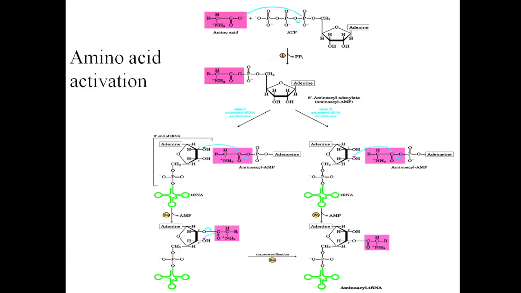Now again, activation of an amino acid leads to the formation of aminoacyl adenylate, a relatively macroergic substance. Aminoacyl adenylate interacts with one of the free OH groups associated with the 3' end ribose, either the second or the third.